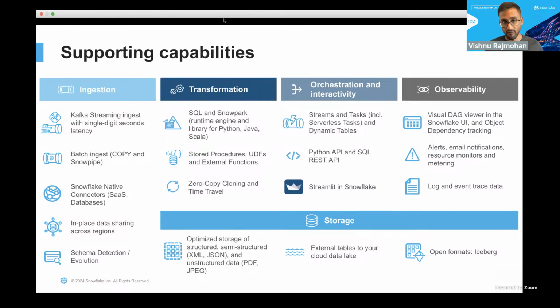Apart from SQL, we've also got Snowpark capabilities that provide other coding languages such as Python, Java, and Scala, predominantly geared towards data engineering and data science workloads. All of the other expected capabilities within a data warehouse exist as well, such as stored procedures, user-defined functions, etc.